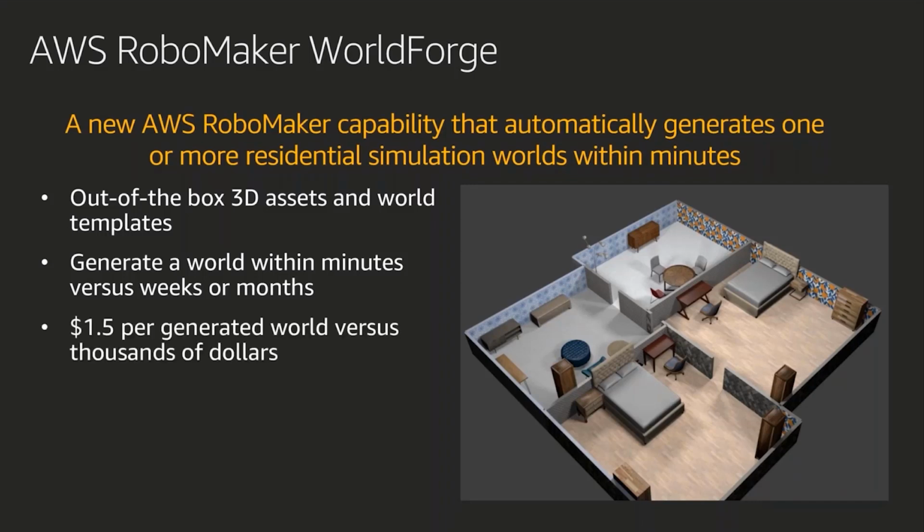And for each generated world inside of WorldForge, you only pay $1.50, as opposed to thousands or tens of thousands of dollars if you hire an artist or a simulation engineer to build these simulation worlds manually.